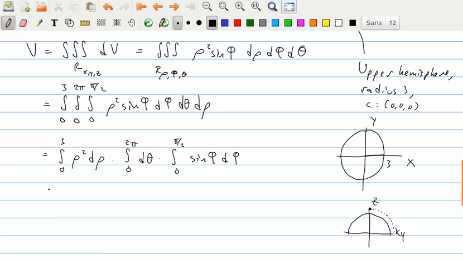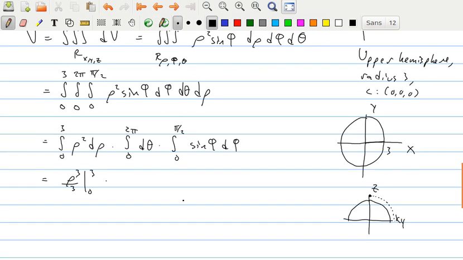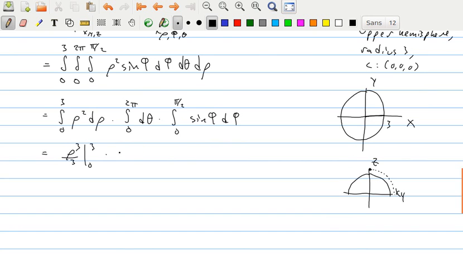Now we can integrate each of these on their own. The first one gives us rho cubed over 3 from 0 to 3. The second one just gives us 2 pi. And the last one, the integral of sine, is negative cosine from 0 to pi over 2.